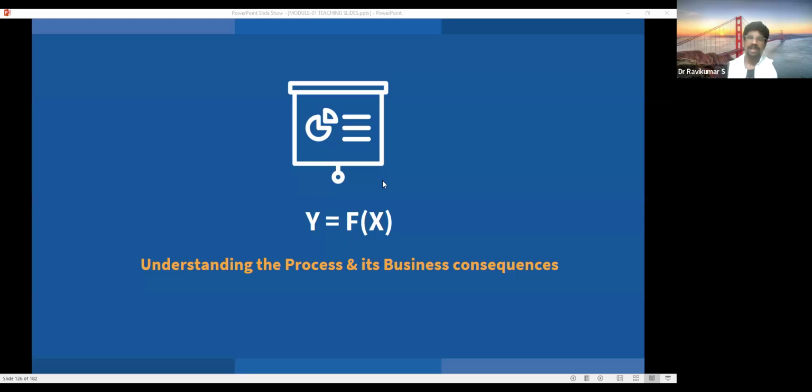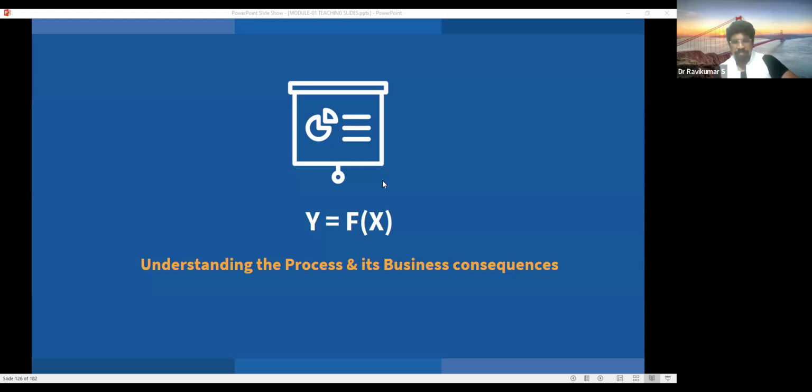So we need to understand what inputs are connected with the output. For example, your process output may look like a single output, but at the end of the day, it is a summation, integration, fusion of many outputs added together. You need to understand, for example, the dimensions. Dimension is the input provided by the machinery. The quality of the material is the input provided by the raw material.